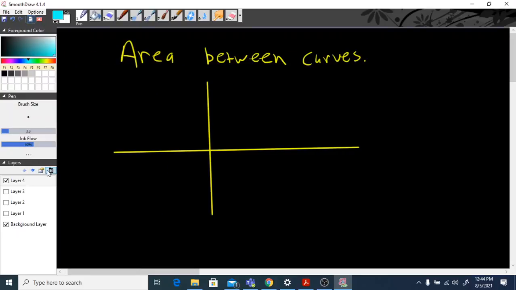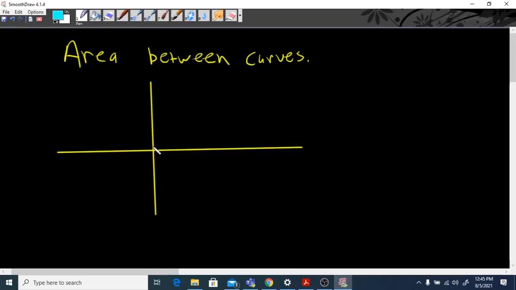Let me put a couple new layers here. There we go. So let's say we have a curve, I don't know, like this. This is going to be curve 1.